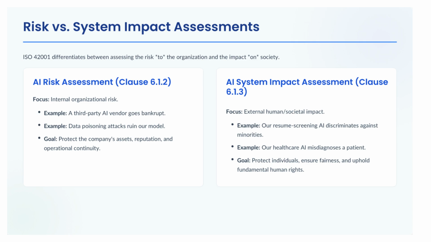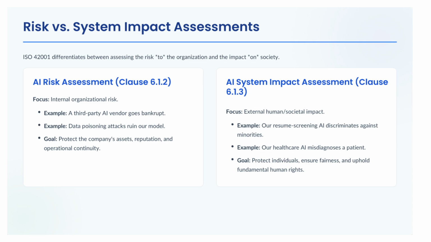A vendor goes bankrupt and your products stop working, or data poisoning, which corrupts your model, or someone extracts your model weights. The goal here is to protect our assets, our reputation, and the continuity of the business as well. Most companies already do a version of this instinctively because the harm lands on them.